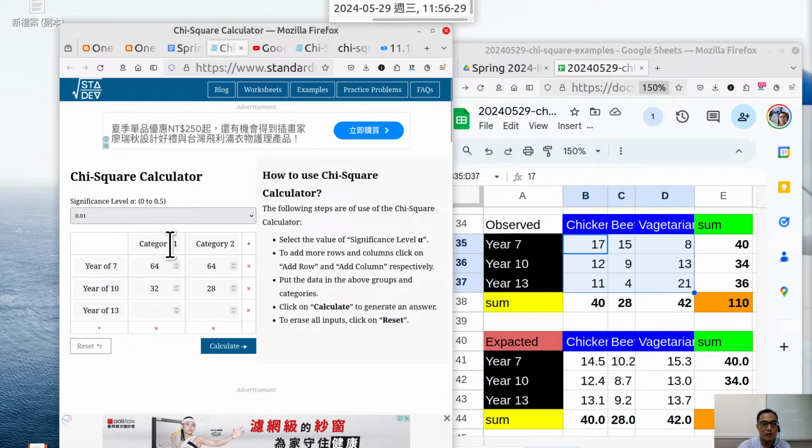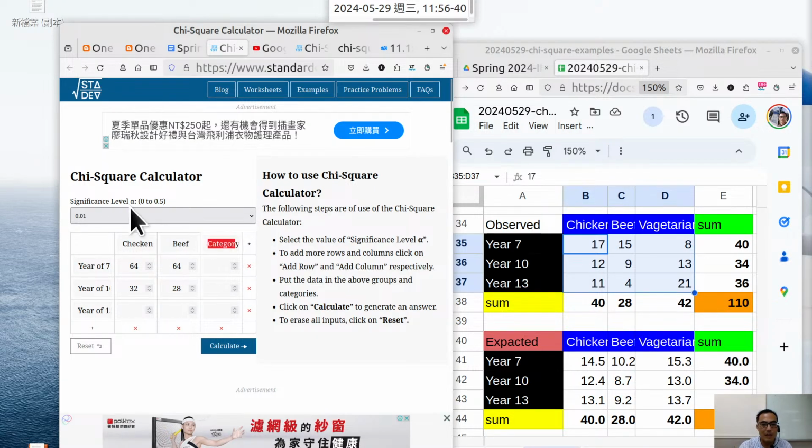Okay, then category chicken. Second beef, and plus one more column, that is vegetarian.